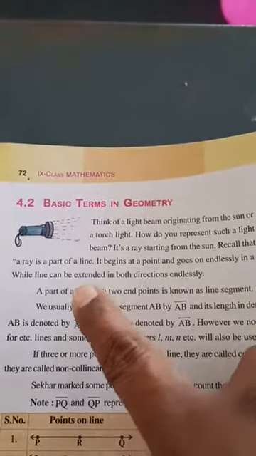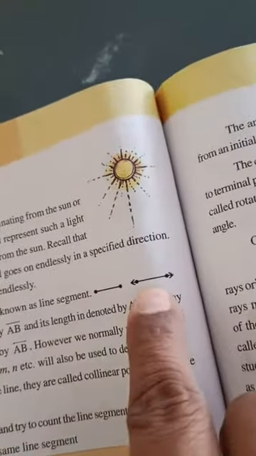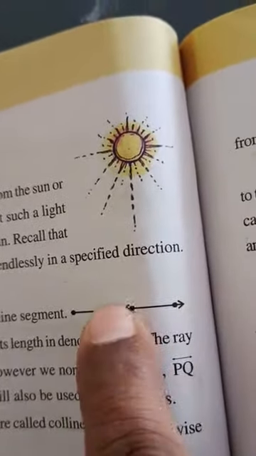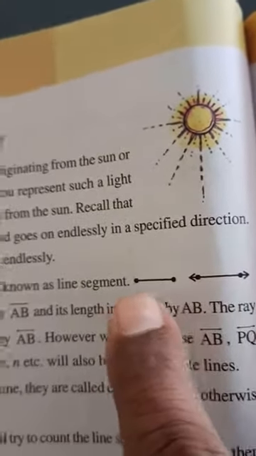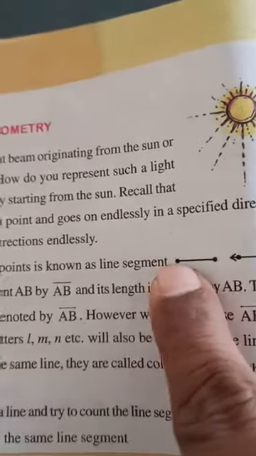While a line can be extended in both directions, right side and left side, a line can be extended in two directions. This is the line segment. A line segment has two endpoints.